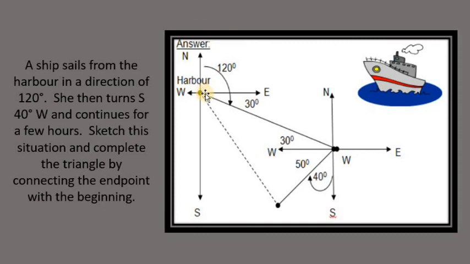There we go. There's the line that she walked or sailed. And from here on, south 40 degrees west. So south and then 40 degrees west for a few hours. And then from there on, we connect the end point with the beginning point, and we have this triangle that is formed in the end.